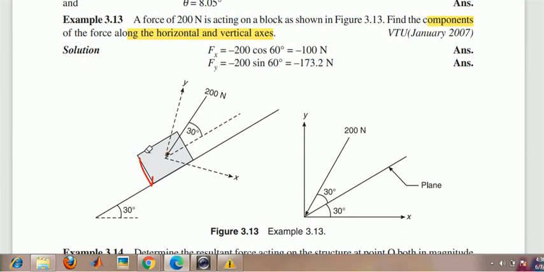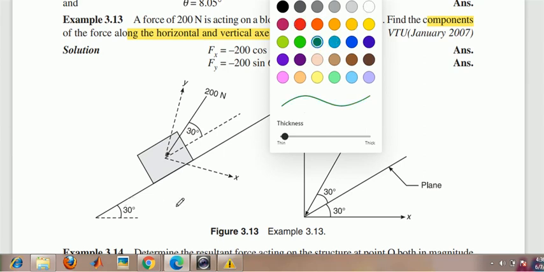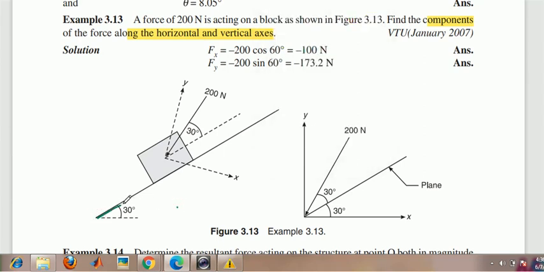So this is a block, and our force is acting here. With respect to the block, the force makes an angle of 30 degrees. But we want the angle with respect to the x-axis, not with respect to the block or the axis of the block. We want the inclination with respect to the x-axis. They have given the inclination of the plane, so this is an inclined plane.